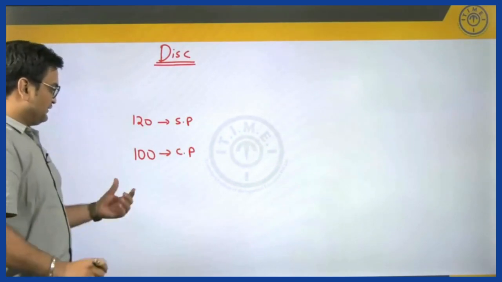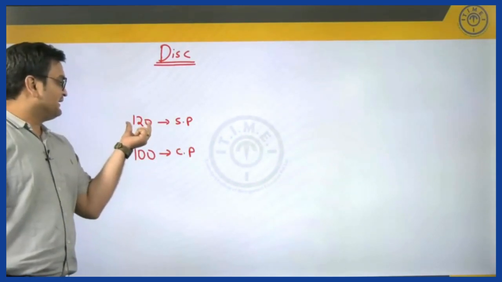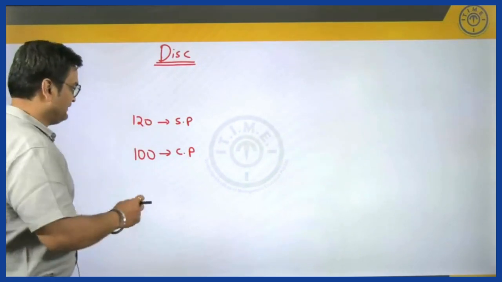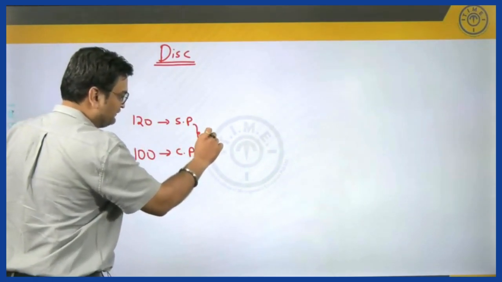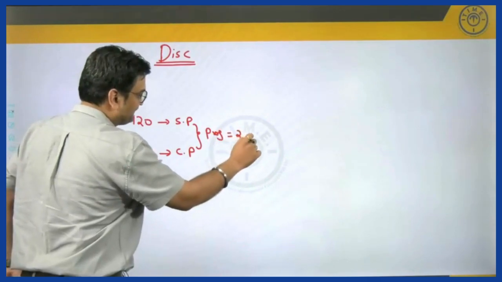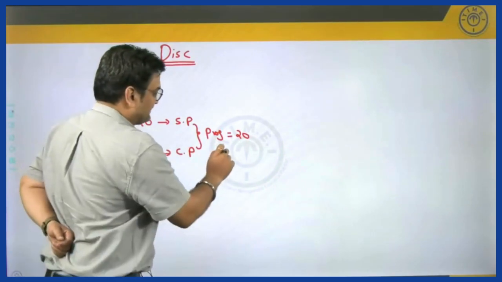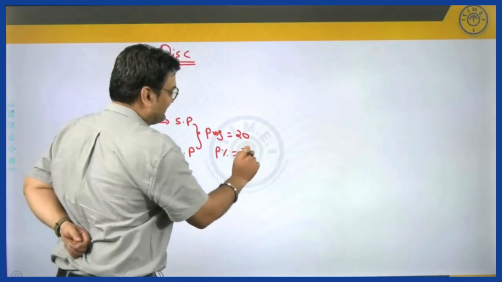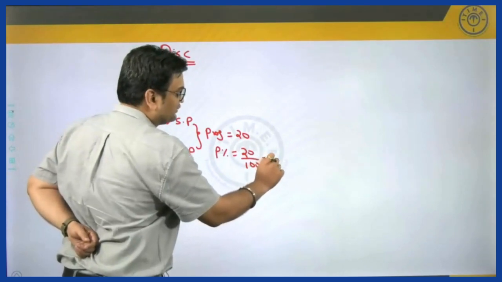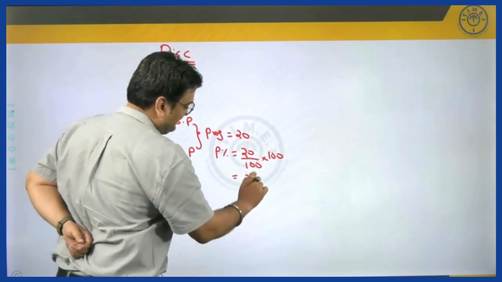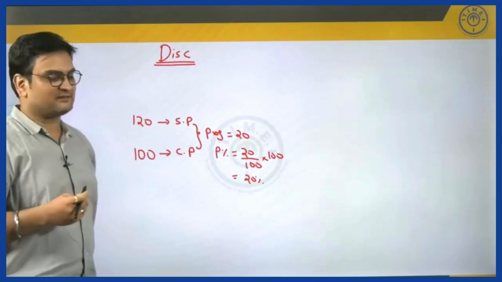It purchases the article at 100 and sells it at 120, and in the process, as we see, it earns a profit of 20 rupees. Now the profit percentage, if I ask you, will be 20 on 100. So it's always calculated on cost price. So it's going to be 20% profit percentage.